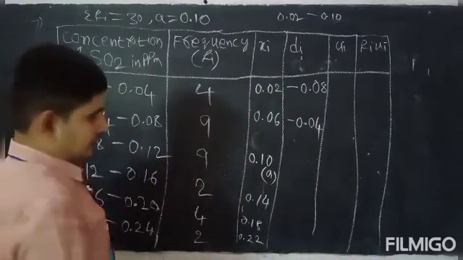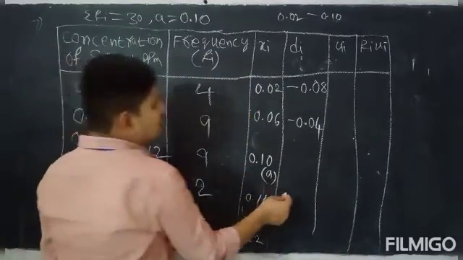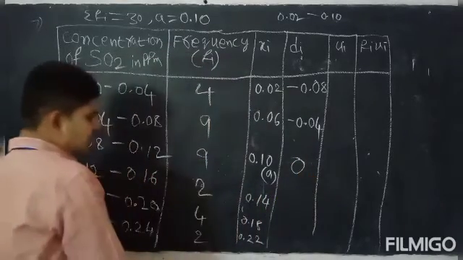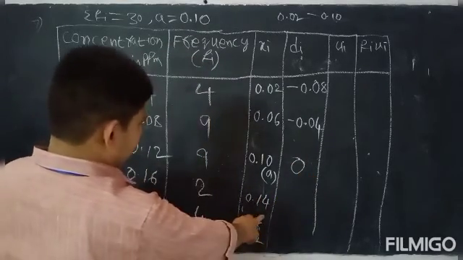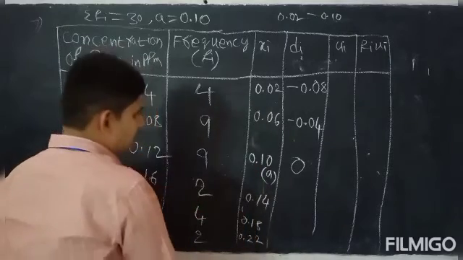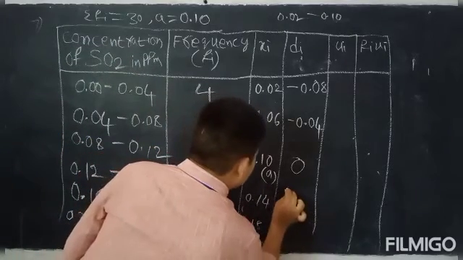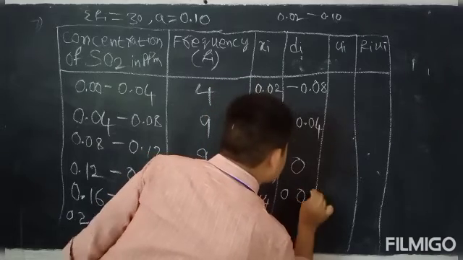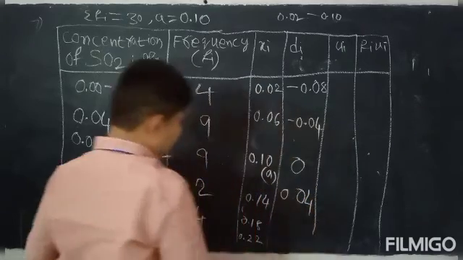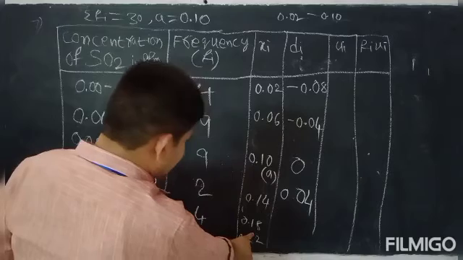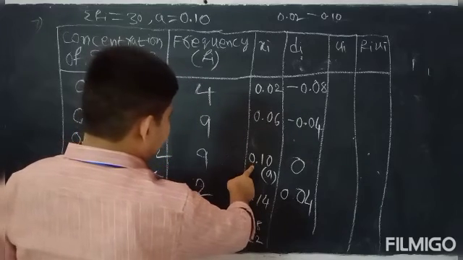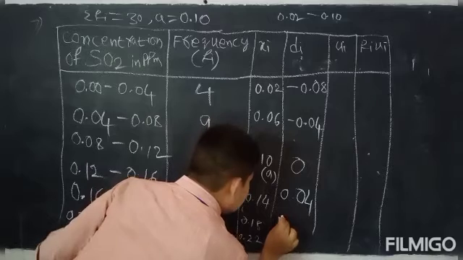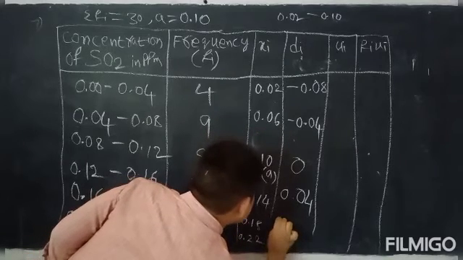Okay? Now 0.10 minus 0.10, 0. Okay? Now 0.14 minus 0.10, 0.04. Okay? 0.18 minus 0.10, 0.08.